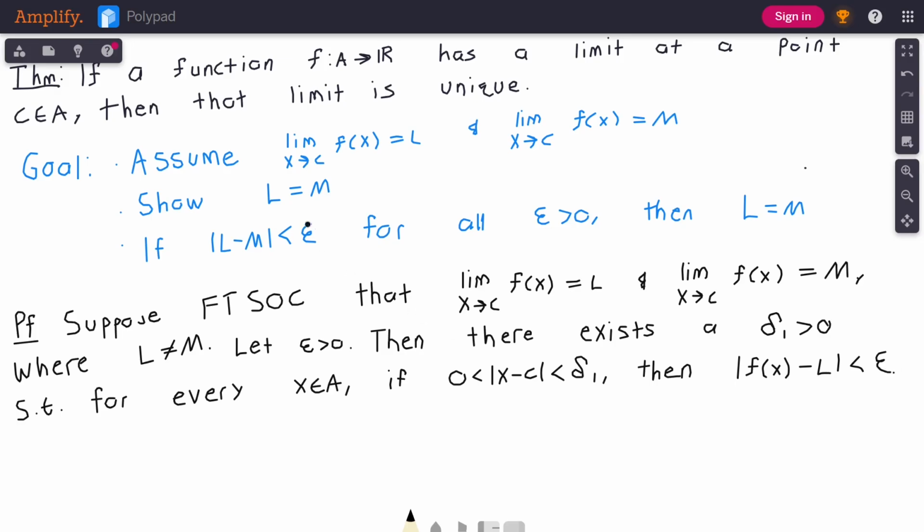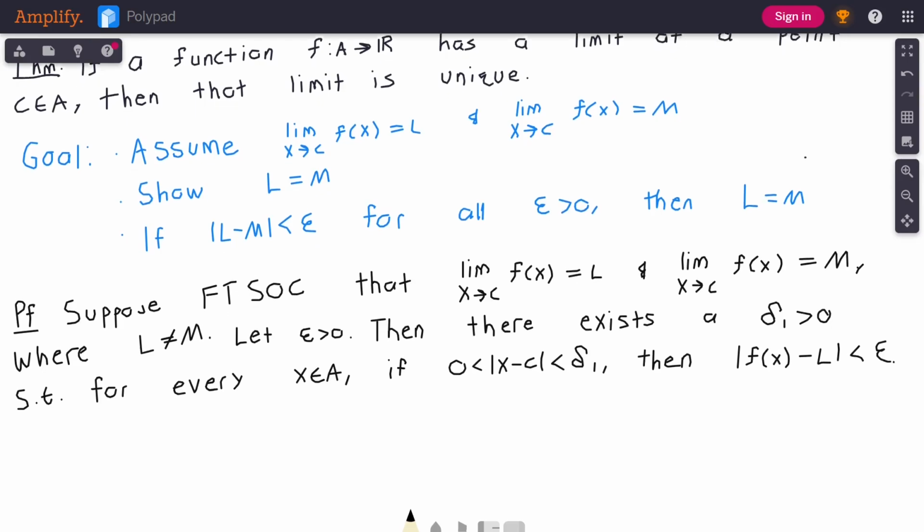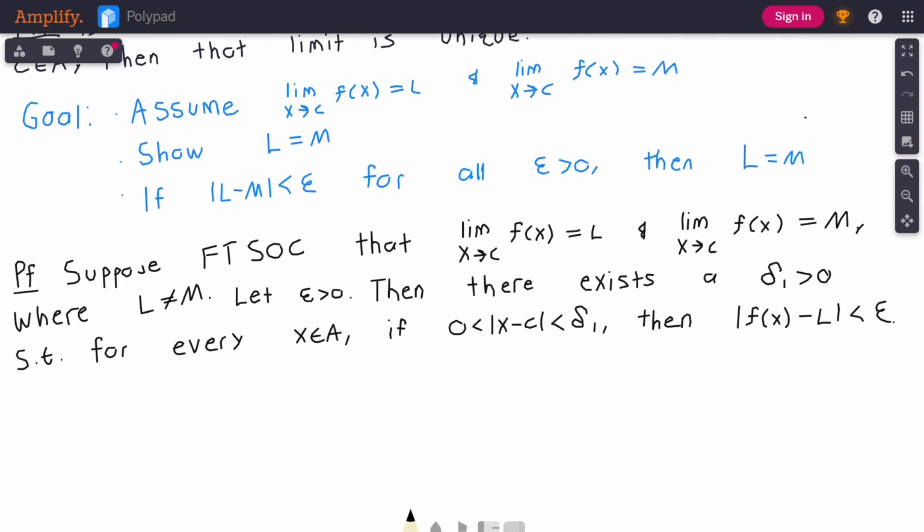And that right there, that's just the definition of the limit. We're supposing that the limit as x approaches C of f of x equals L, then this just follows directly from the definition. Okay, so similarly, we can do the exact same thing with this limit.